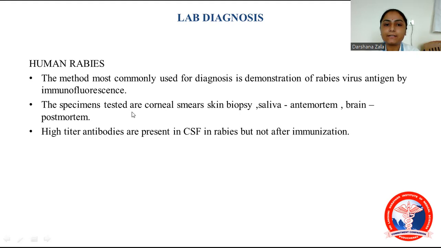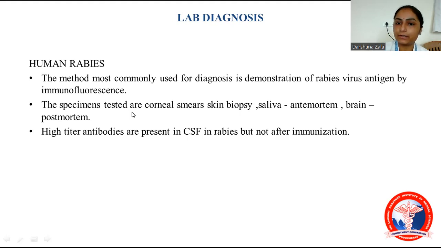The specimens tested are a corneal smear, skin biopsy, and saliva in an antemortem case, and if postmortem, we can take neural tissue from the brain specimen. Higher titer antibodies are present in the CSF in rabies, but not after immunization.